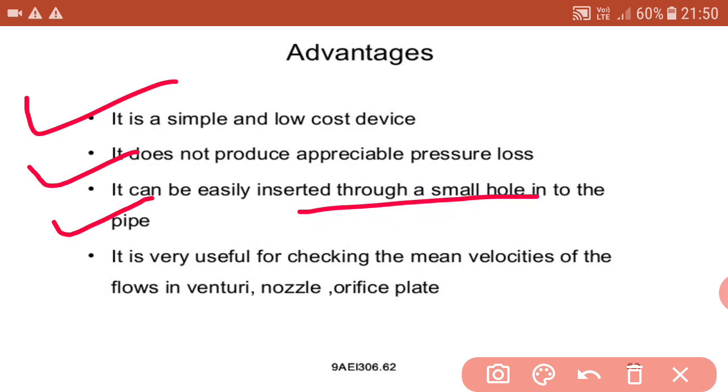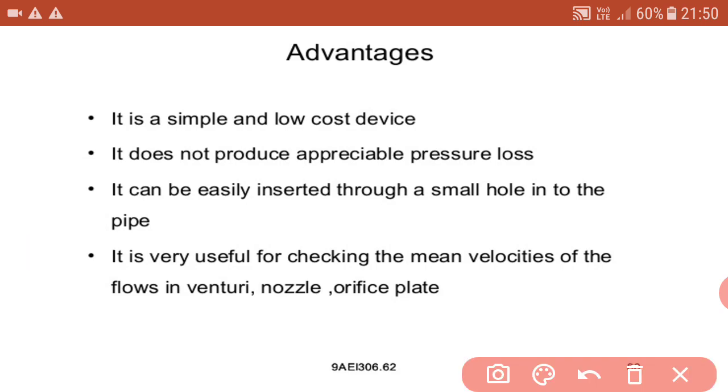It is a simple arrangement and it is very useful for checking the mean velocities of the flow in a venturi nozzle or orifice plate. So in all these devices we can use this Pitot tube.